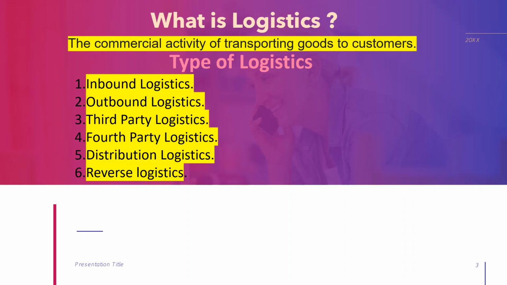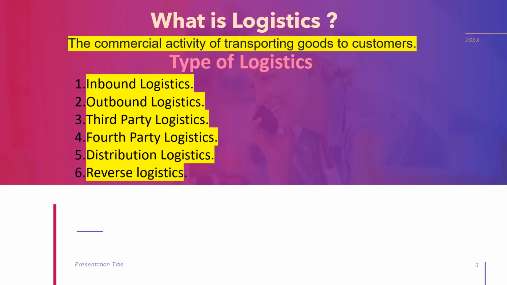And outbound logistics means it's a process involving storing and moving goods to the customer or the end user. This may include order fulfillment, dispatching, packing, shipping and delivery, and customer service related to a delivery. An example of outbound logistics is a product coming to a retailer from a warehouse where the inventory is in stock.